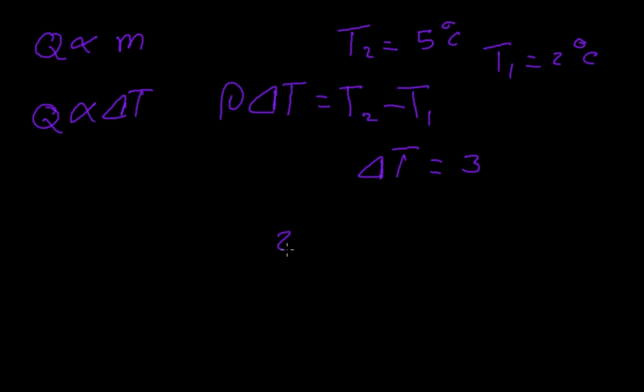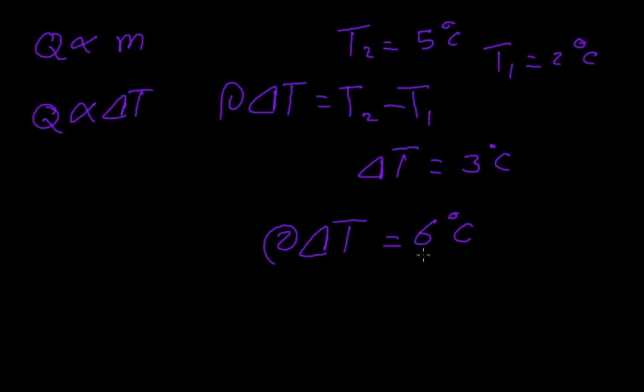What if delta T in this case is equal to something like 6 Celsius degrees? The quantity of heat required for a delta T of 3C is different from the quantity of heat required to get a delta T of 6 Celsius degrees.